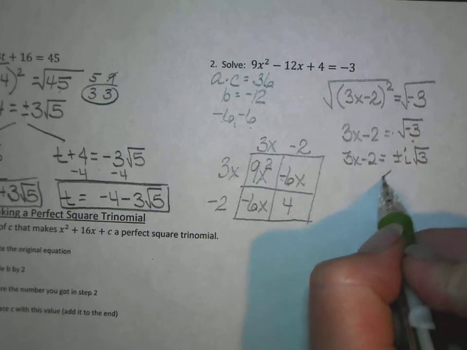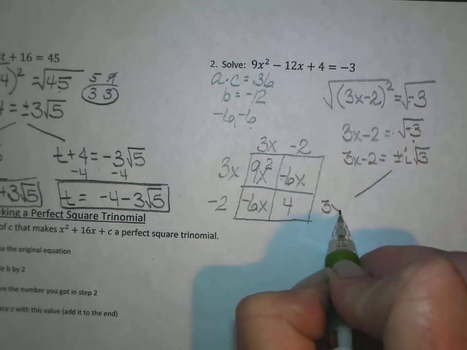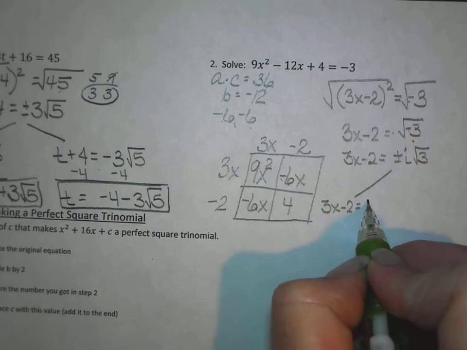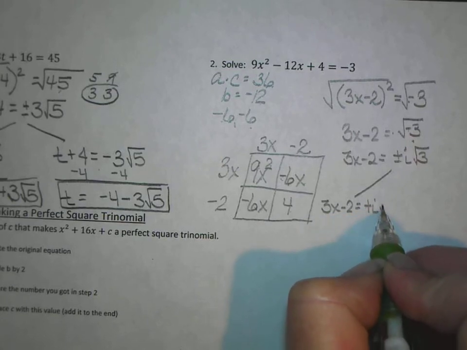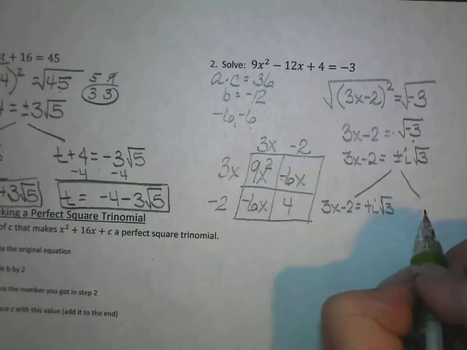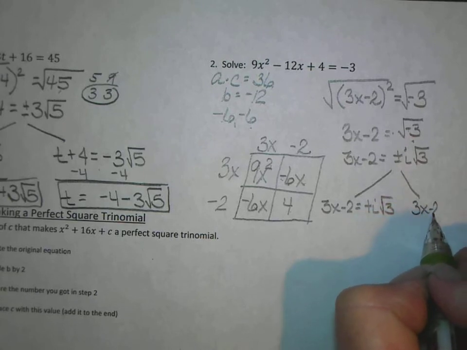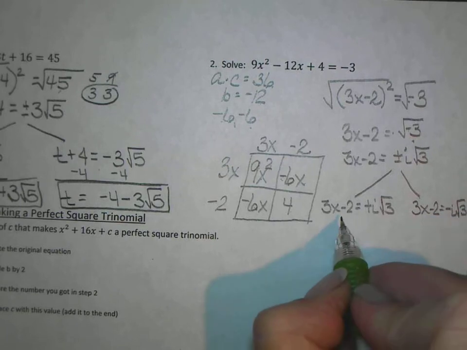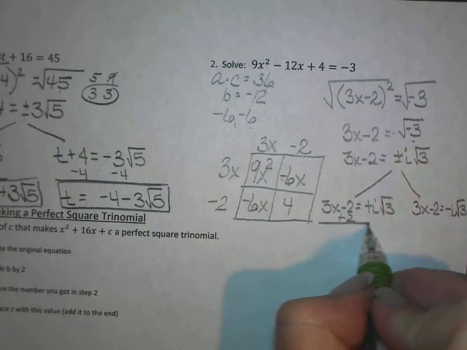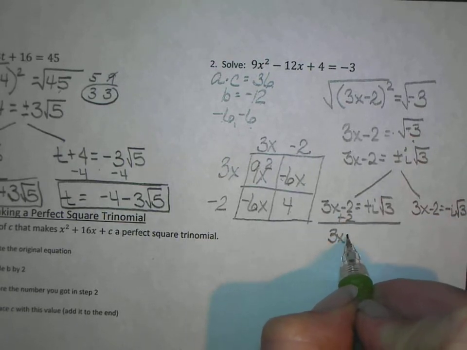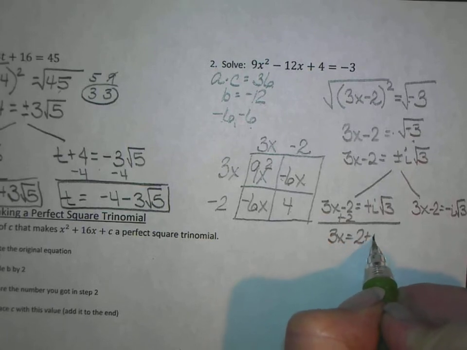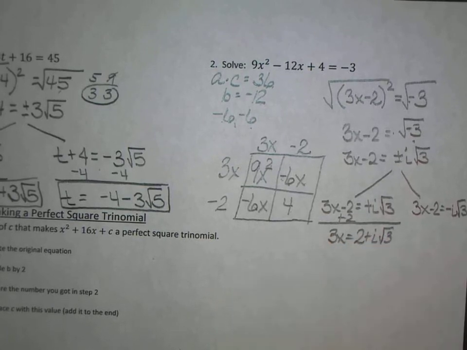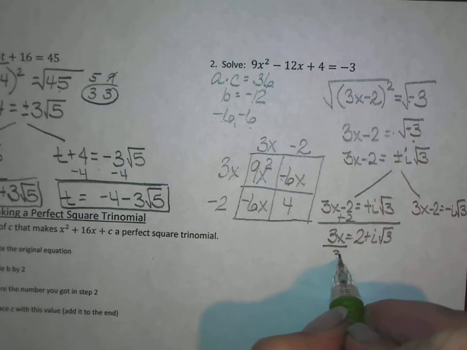Now, two different problems. You have 3x minus 2 equals positive i root 3, and 3x minus 2 equals negative i square roots of 3. Add 2. So now we have 3x equals 2 plus i square roots of 3. Because you can't combine them, divide both sides by 3.